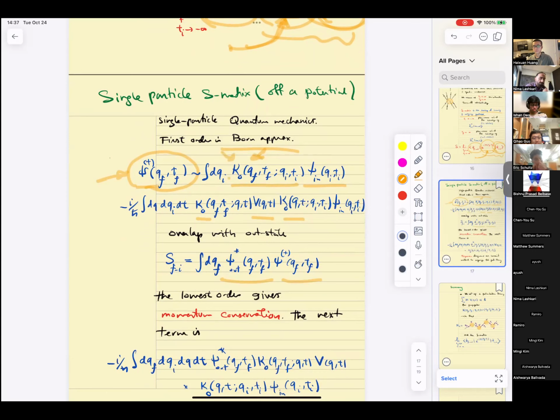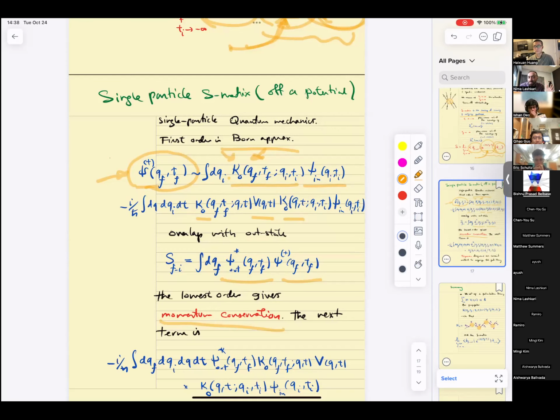If you take the K0 part, which is a free propagator, put it in there and integrate, you're going to find that all that remains is momentum conservation and energy conservation. That's it. You're going to end up with momentum and energy conservation at the 0th order, which means that if your theory is free, minus infinity in time, the Hilbert space, the Fock space, is the same as the Fock space at plus infinity in time, right?